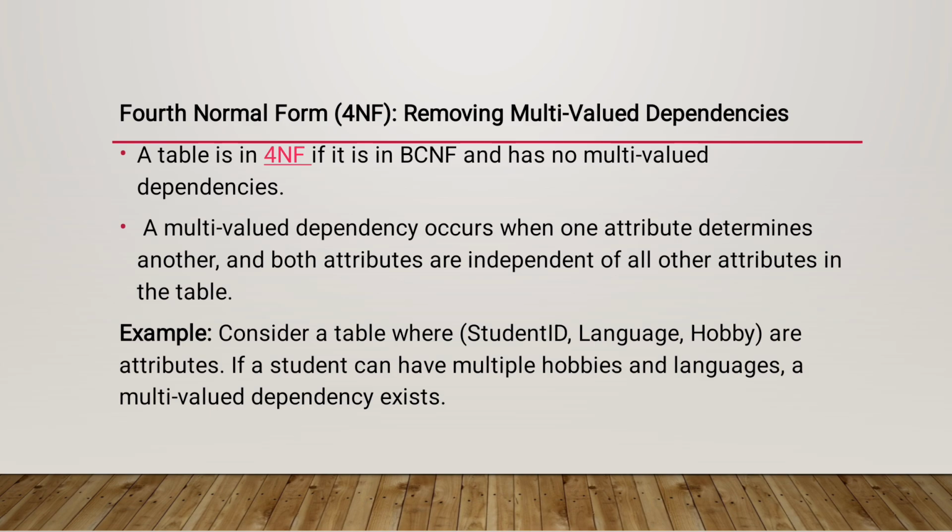Example, consider a table with student id, language and hobby. The student id depends on multiple hobbies and languages, that is multi-value dependencies.